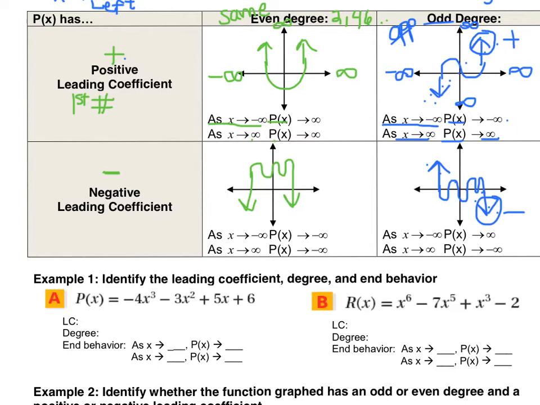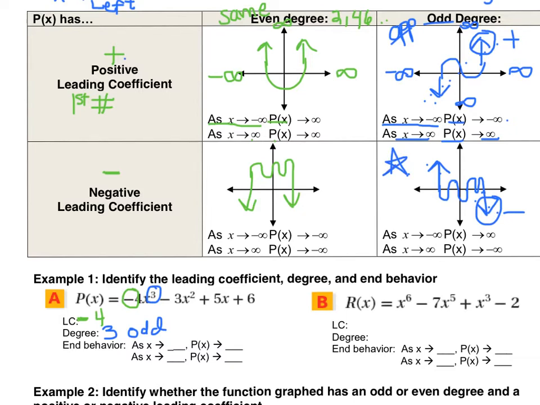So let's use that chart to answer these questions. In A, the leading coefficient is the first number, so -4. The degree is 3, the highest exponent. So we have a leading coefficient that is negative, and our degree, 3, is an odd number. So if you look up here, degree 3 and negative would be right in this box.